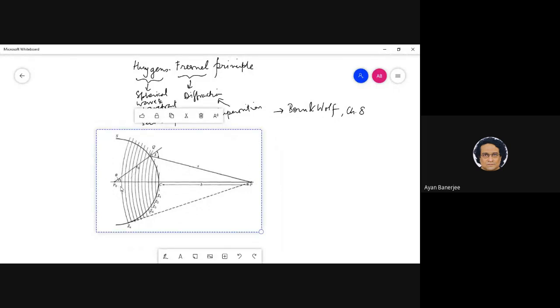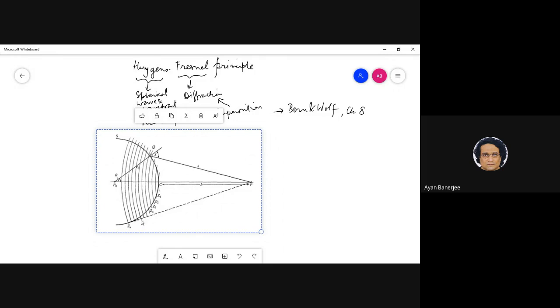This is exactly what I want to do. I have a point source here, P0, and I want to find the field at this place, P. I will explain this construction in a bit.